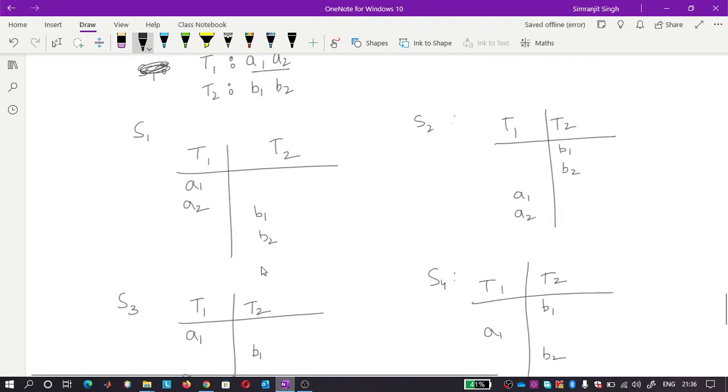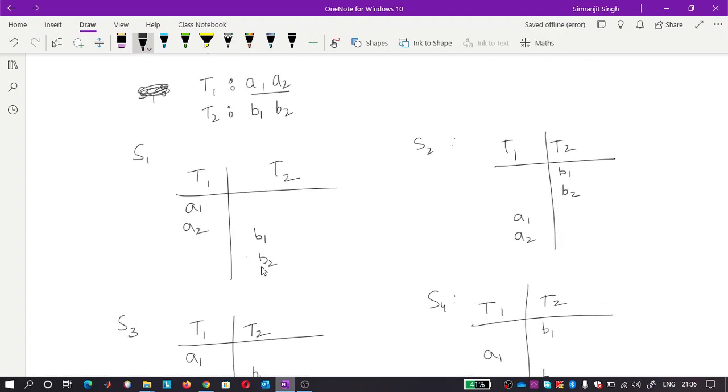Just take a look at the first two. When transaction T1 is over, you go towards transaction T2. Similarly, in S2, when transaction T2 is over, you go towards transaction T1. So S1 and S2 are serial schedules. Serial means that you are executing everything serially. When one executes completely, then you move on to another transaction.